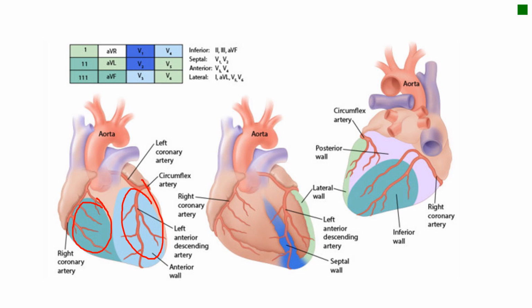Anterior wall relates to the left anterior descending artery, that's V1 to V4. The lateral wall corresponds to leads 1, V5, and V6, and that more relates to this area over here, the lateral wall, and that's more the circumflex artery.